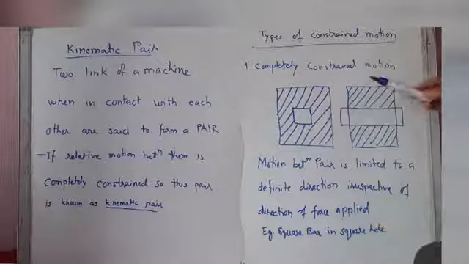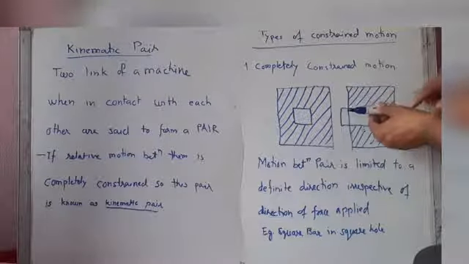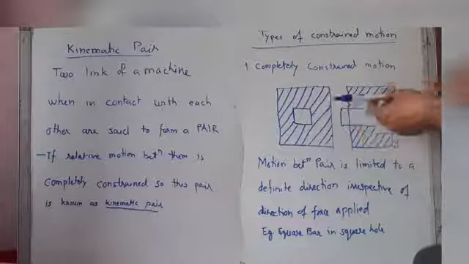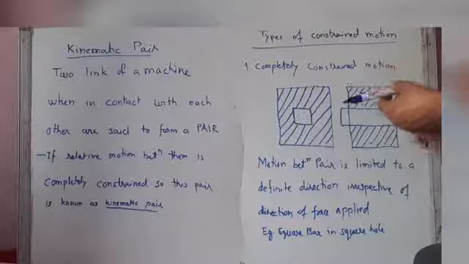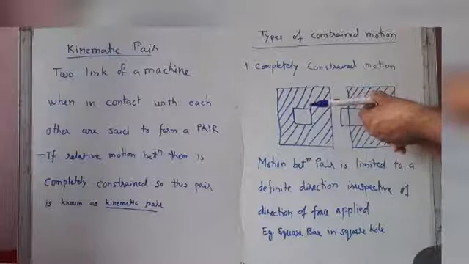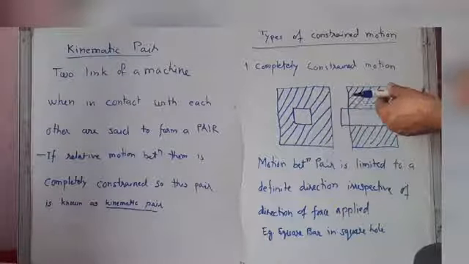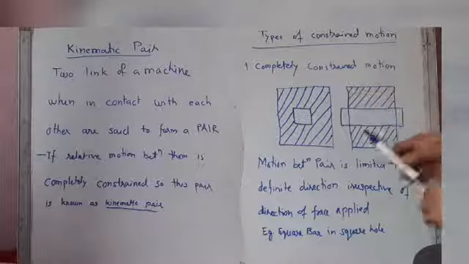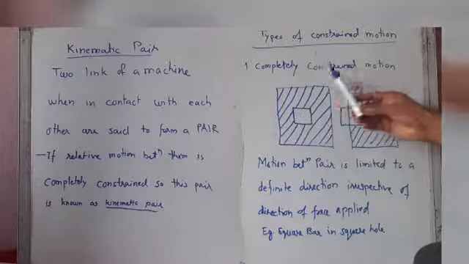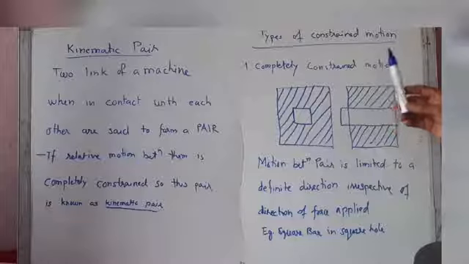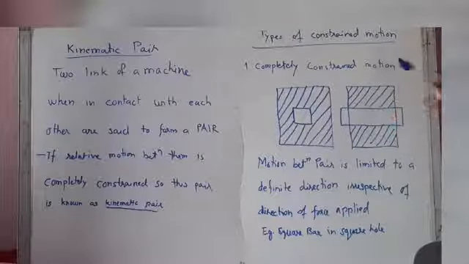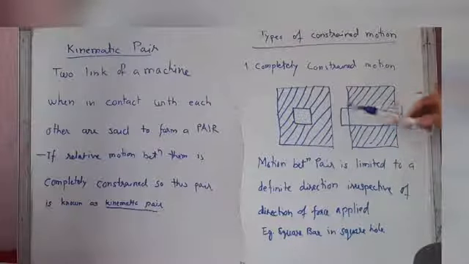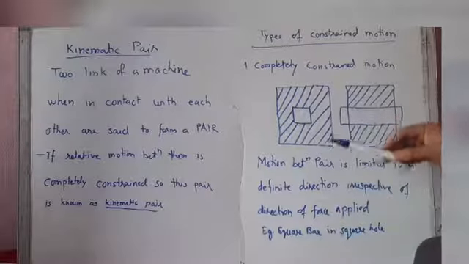Whether we apply force from this side, from downward, or from this direction, the motion is the same. So in completely constrained motion, only one direction of motion is possible.